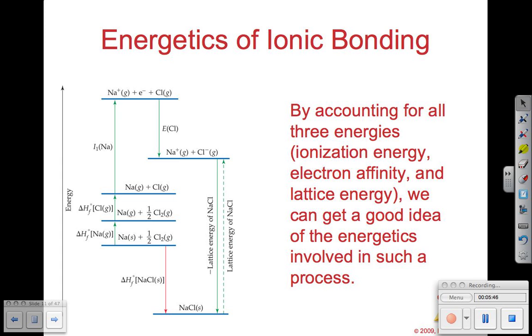In this diagram, you can break down and determine the energy associated with a reaction by accounting for all of it. By accounting for all three energies, ionization energy, electron affinity, and lattice energy, we can get a good idea of the energetics involved in such a process.